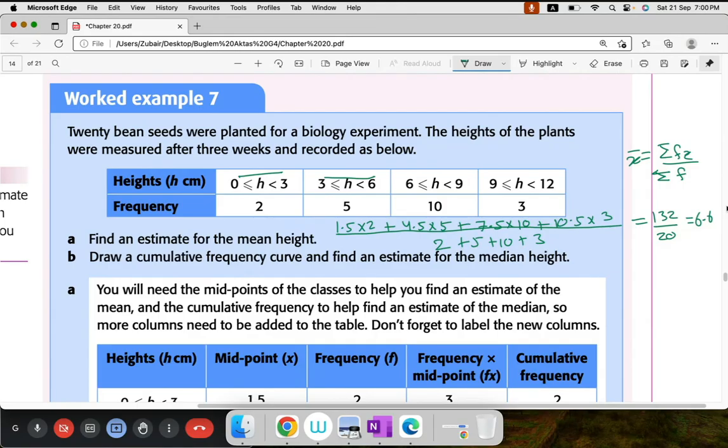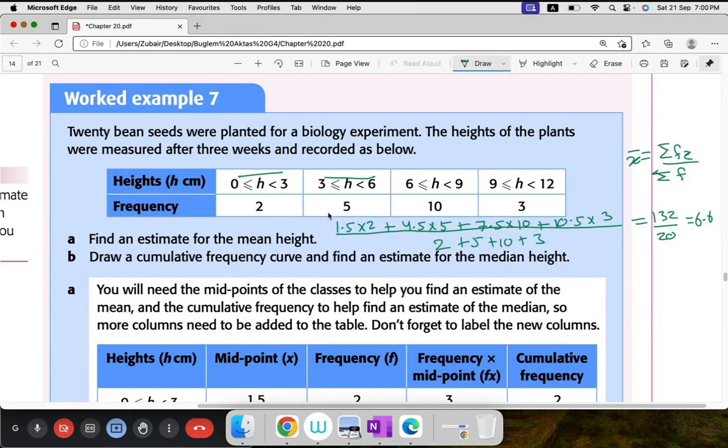So what does part B say? Draw a cumulative frequency curve and find the estimate of the median height. So that would be with 3, 6, 9, and 12, and we just continue adding the 2, 5, 10, and 3. Yes, we use this.